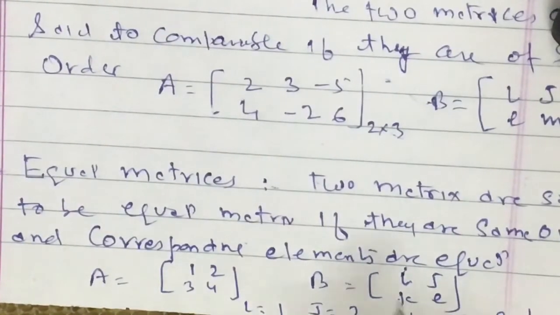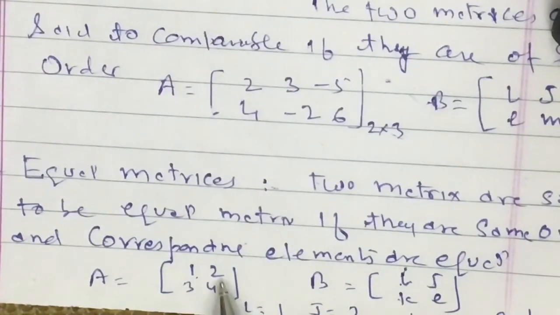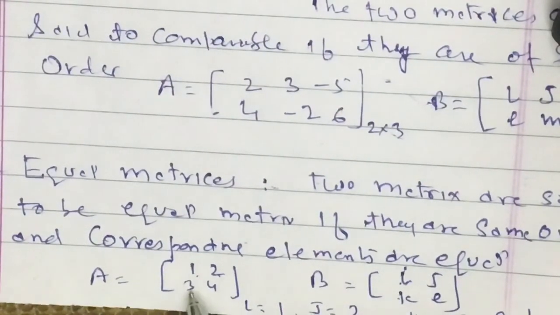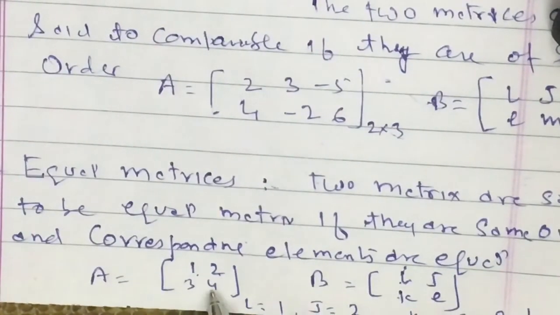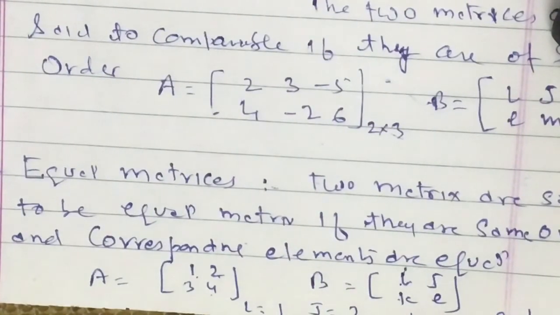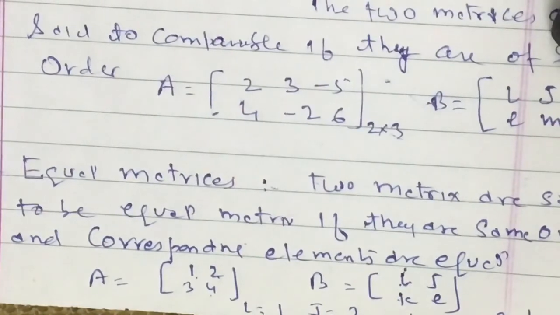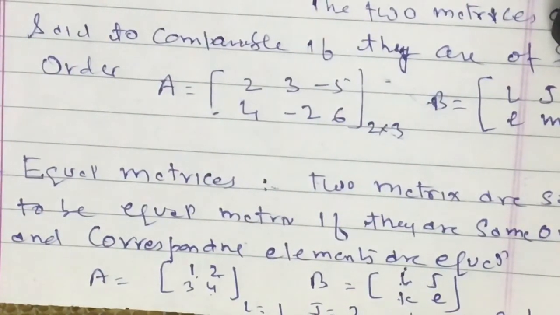So you can say that corresponding elements are equal, that is I is equal to 1, J is equal to 2, K is equal to 3 and L is equal to 4. This way you can say equal matrices are those matrices which have the same order and corresponding elements equal.